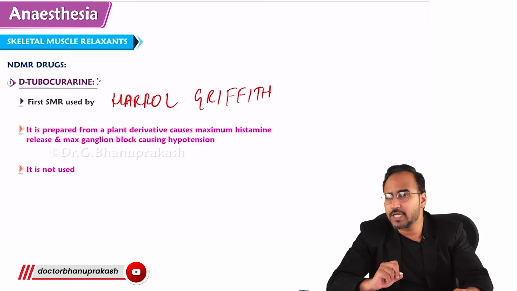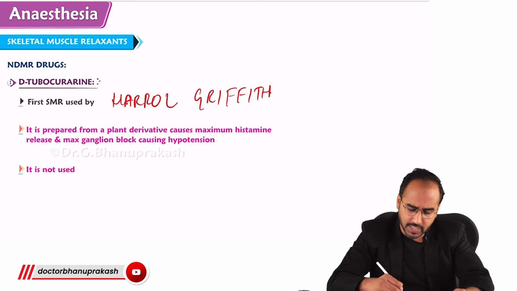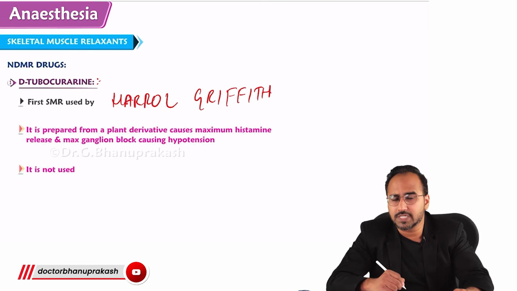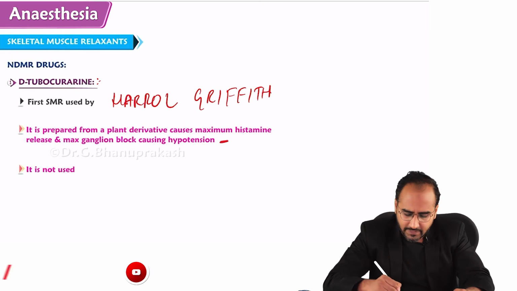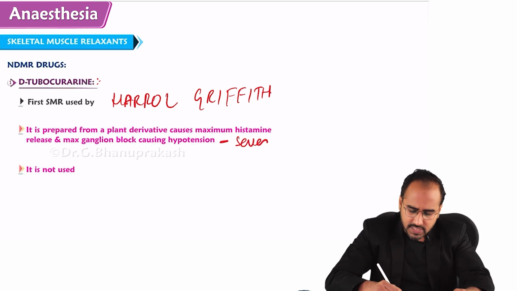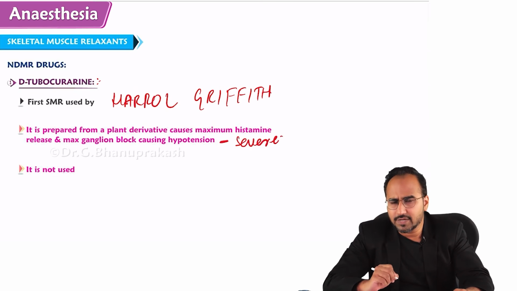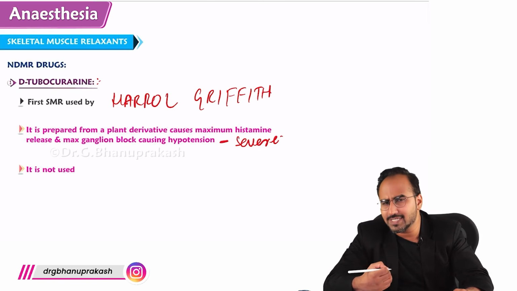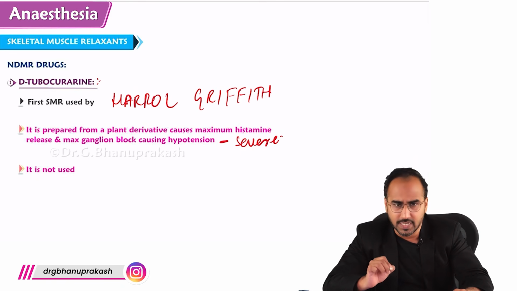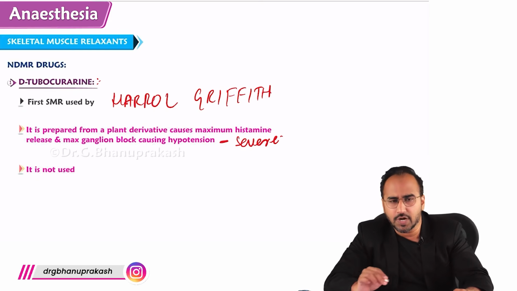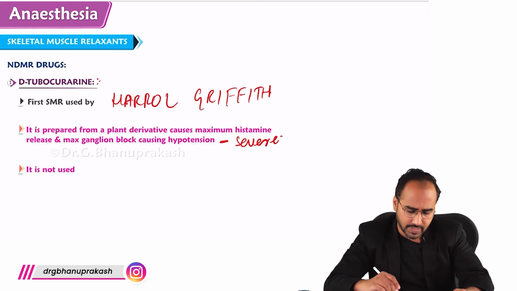But what side effect of D-tubocurare was seen? D-tubocurare releases maximum histamine, leads to severe hypotension, right? It causes maximum ganglion blockade and releases histamine leading to severe hypotension. So are we using it? We are not using D-tubocurare nowadays, right?